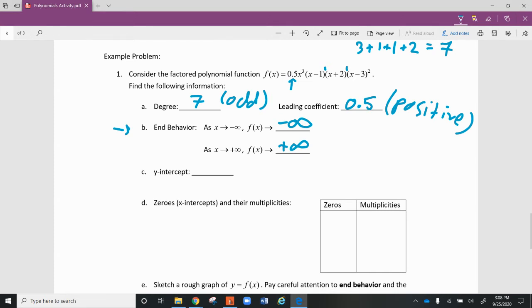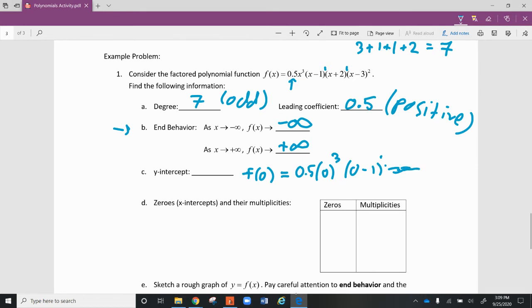Now, what's the y-intercept? The y-intercept, as always, is f of 0, right? The y-intercept is always what you get when you make x equal to 0. So no matter what type of function you're looking at, you can always just do f of 0 to get the y-intercept. So in this case, it's pretty easy. We're going to have 0.5 times 0 for the x cubed, and then 0 minus 1, blah, blah, blah.